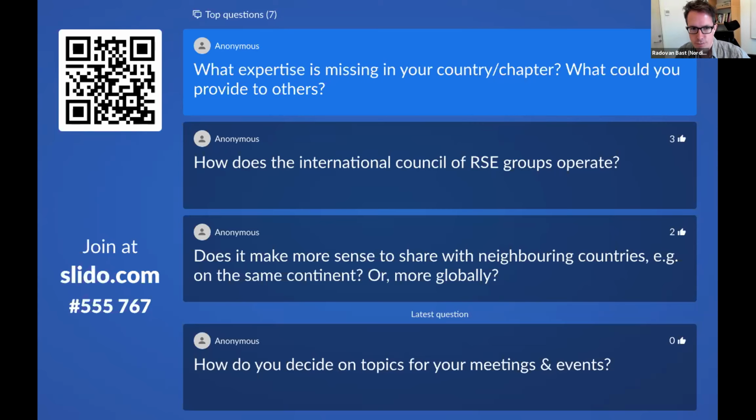Also in light of GDPR, the European Data Processing Directives, I think there we can really improve, because there are many cool things happening, but we know that there are many people working on RSE or interested in RSE, but they don't know about us. We could use expertise from other chapters on how to reach the community.